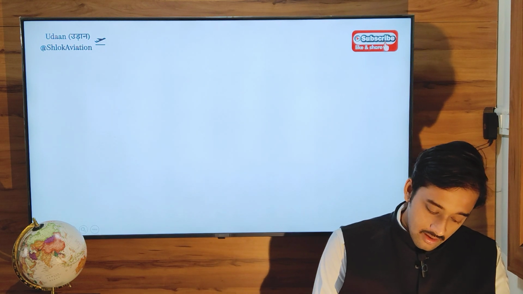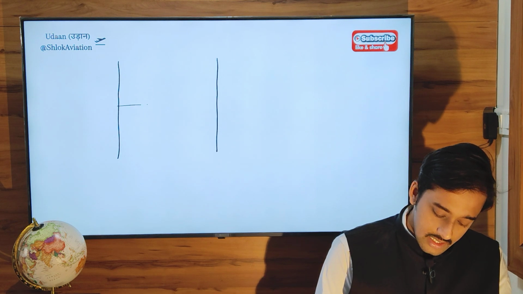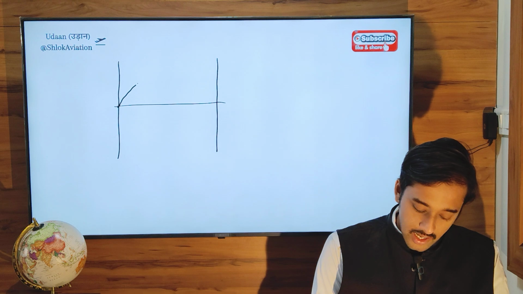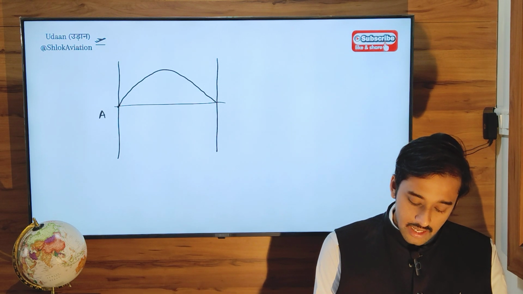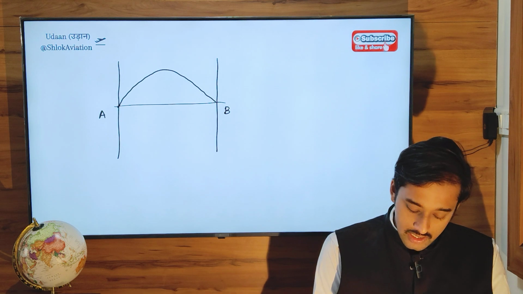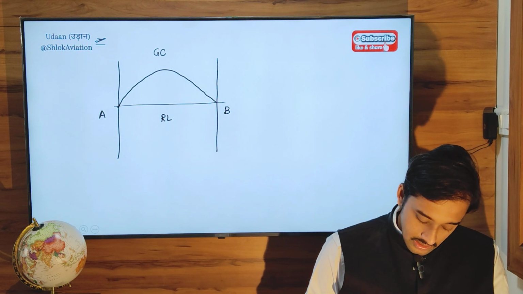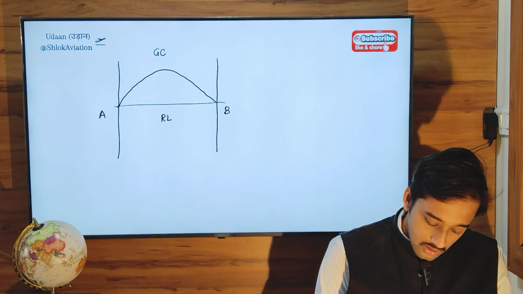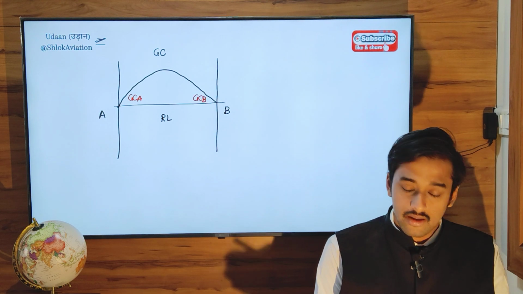So remember, whenever we draw a great circle and Rhumb line, let's say we are in the northern hemisphere. The great circle will pass near the North Pole and come down to point B. This is your Rhumb line, this is your great circle. The great circle direction at A will be different from the great circle direction at B, right?